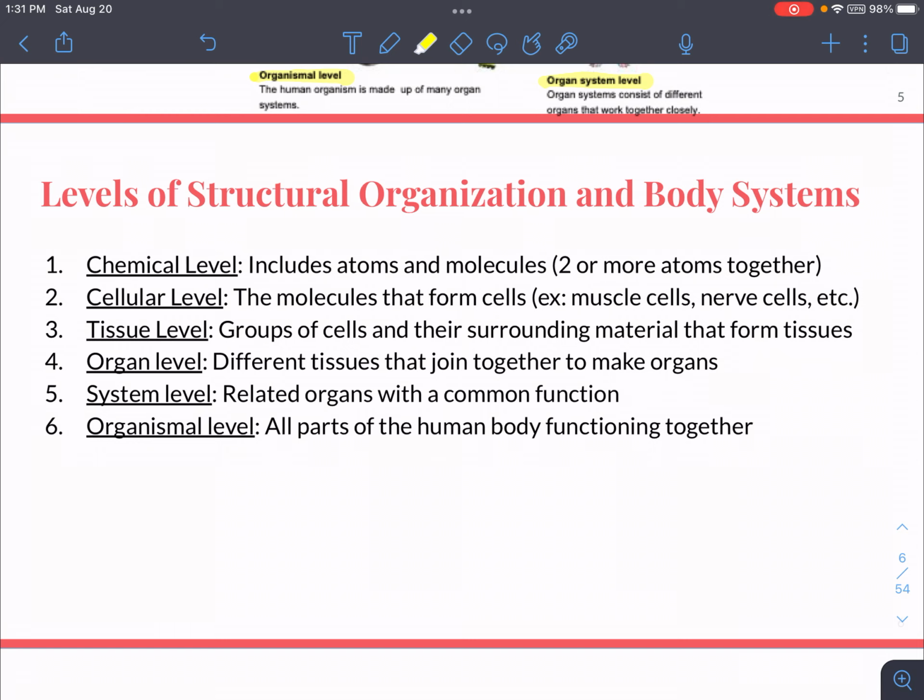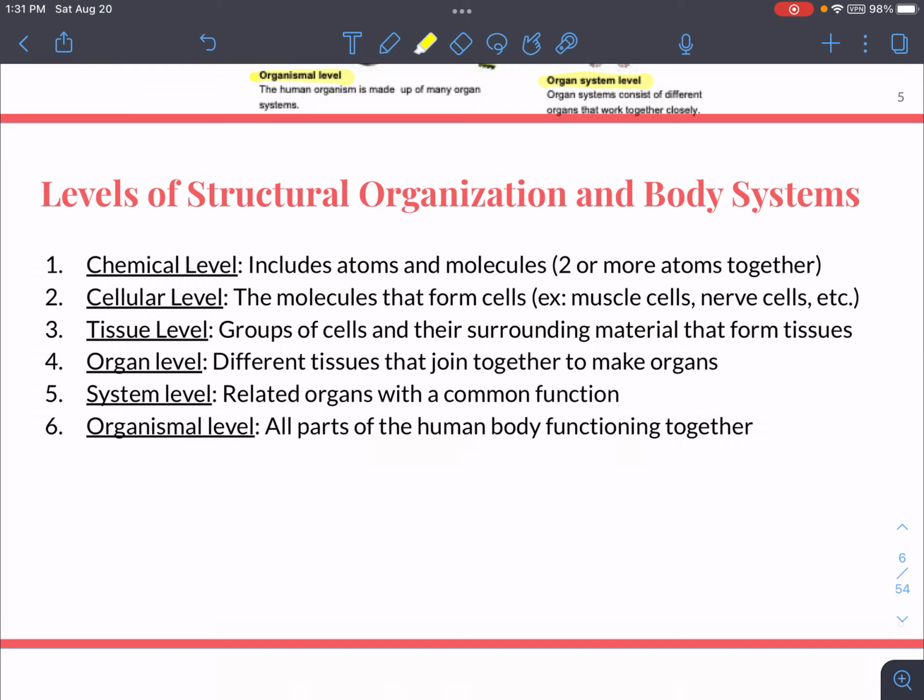We have this organ level, which is where the tissues come together to make an organ, like cardiac tissue. Cardiac cells make cardiac tissue. Cardiac tissue makes your heart. You wouldn't be alive without one.